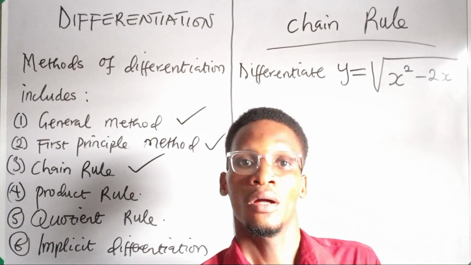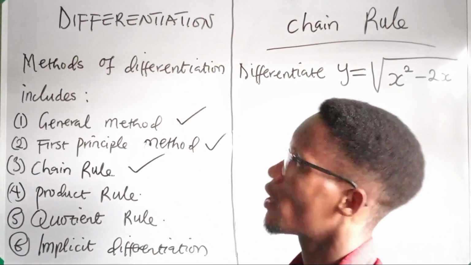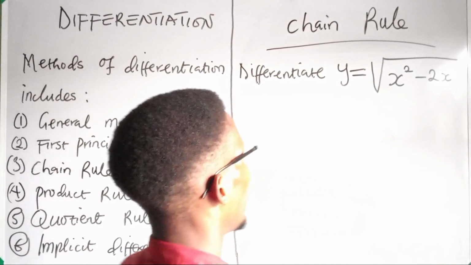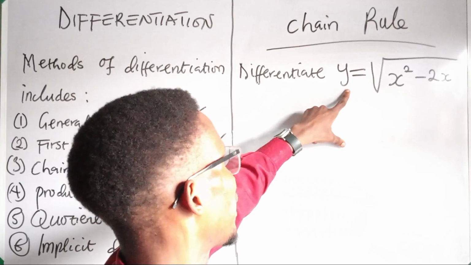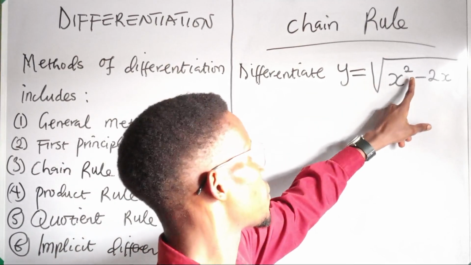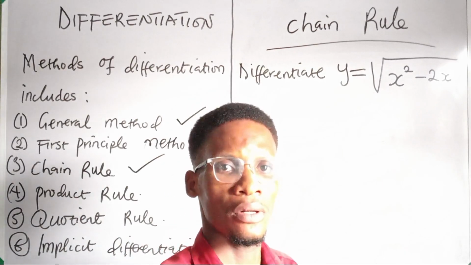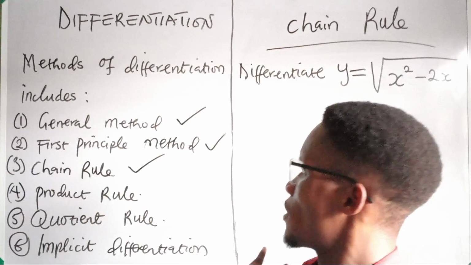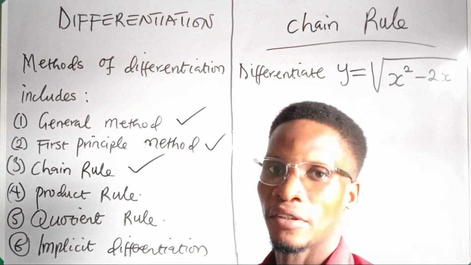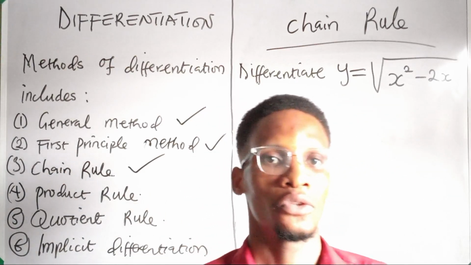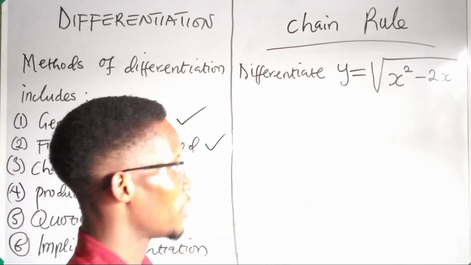Okay, we are still looking at differentiation, and we are asked to differentiate y equals the square root of s squared minus 2s, all in brackets. So the last time we discussed the chain rule of differentiation, we just did normal differentiation.